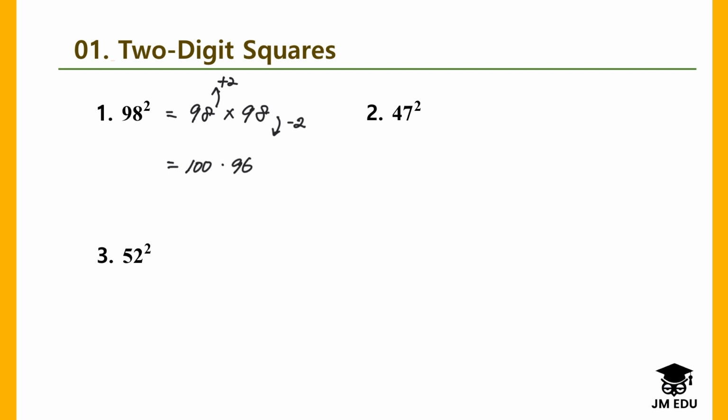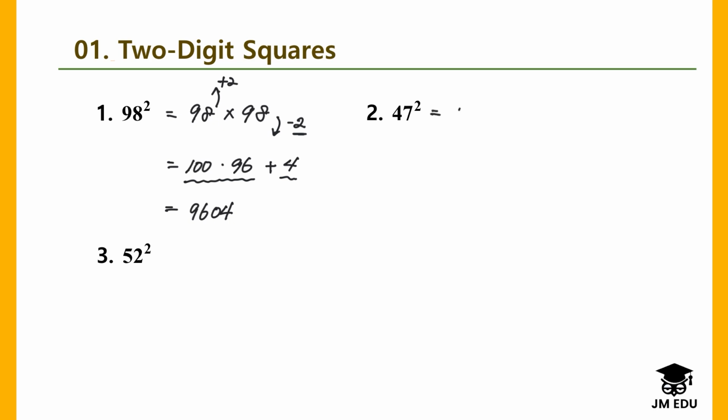And after this, we have to add a square of this number. So 2 squared, 4. So 96 times 100, that's 9,600. Plus 4, that's going to be 9,604.